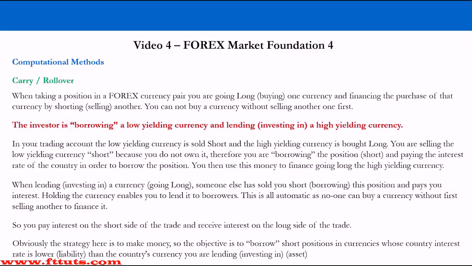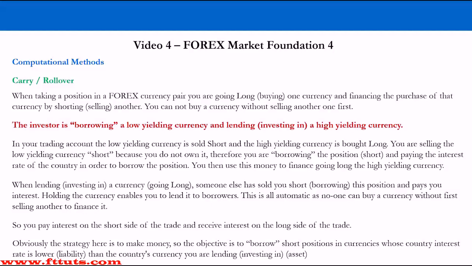And you then use this money to finance going long the high yielding currency. And when you're lending, so investing in the currency going long, someone else has sold you short borrowing, so sold you short on the other side, and they're paying you interest. And holding the currency basically enables you to lend it to borrowers. It's all automatic because no one can buy a currency without first selling another one to finance it.